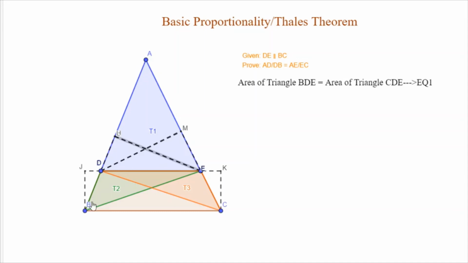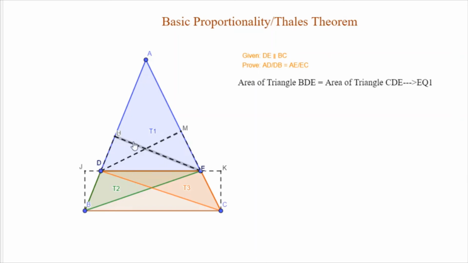The bases AD and DB are on the same line, and bases AE and EC are also on the same line. In such a case, when the third vertex for both triangles, which is E in the case of T1 and T2, and D in the case of T1 and T3, is common to both triangles, then their heights are the same.